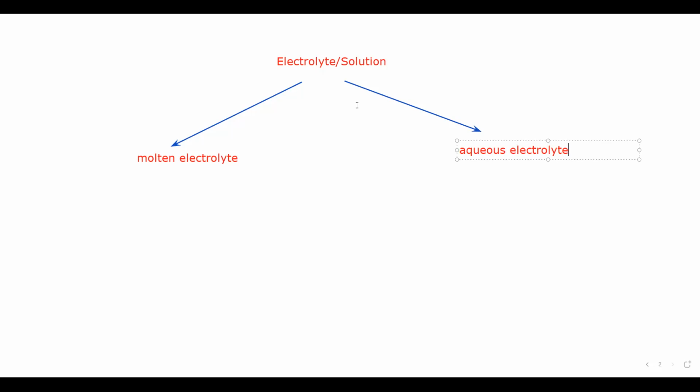What is the difference between molten and aqueous? Molten means the melted electrolyte or the fused electrolyte without any water. So basically what we do, for example, we have sodium chloride which is solid.